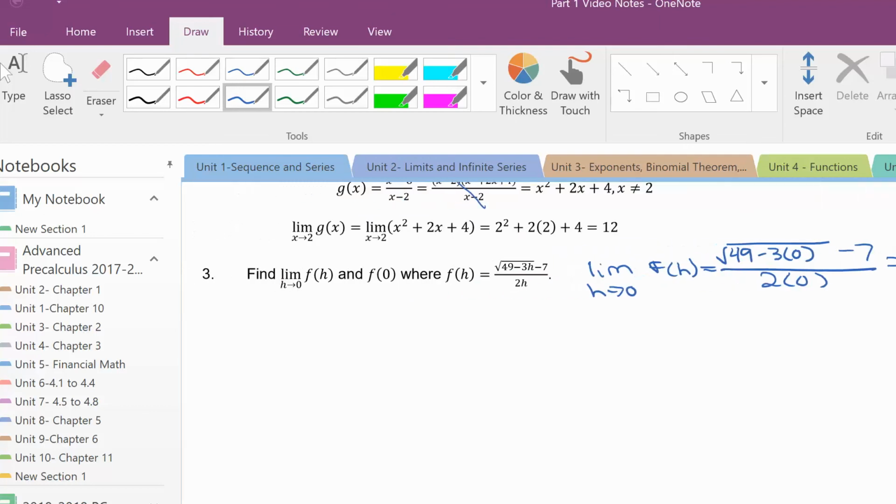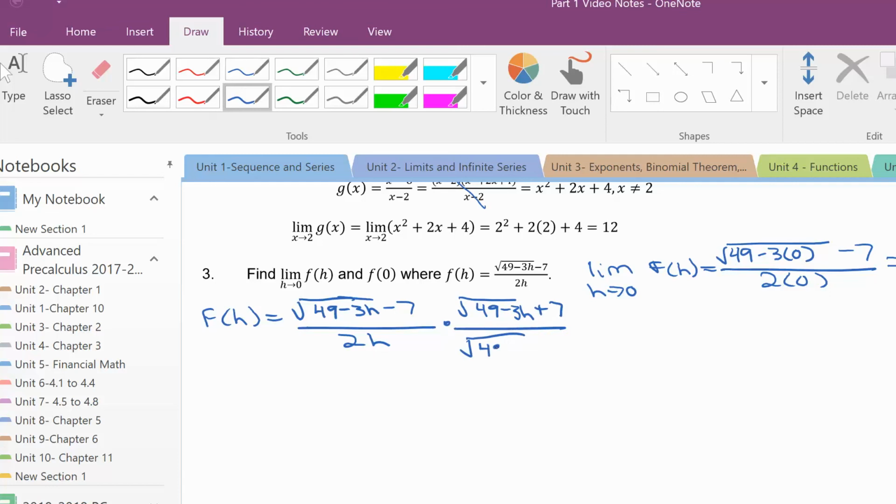Well, because of the radical, in order to remove the radical or rationalize, we will multiply by the conjugate and see if that helps simplify. So notice by multiplying by the conjugate, the middle term goes away. So you can do the first and the last.